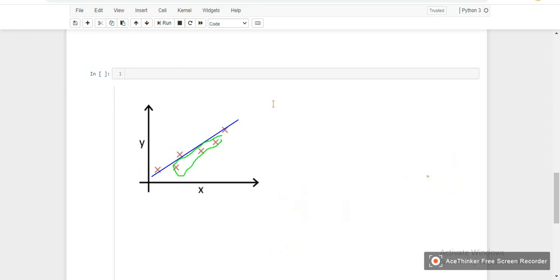So the cost or the error of a model is defined as cost J of theta equals y predicted, which is represented along this line, minus the original y, to the whole power 2.